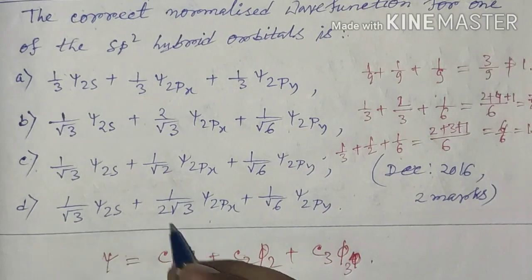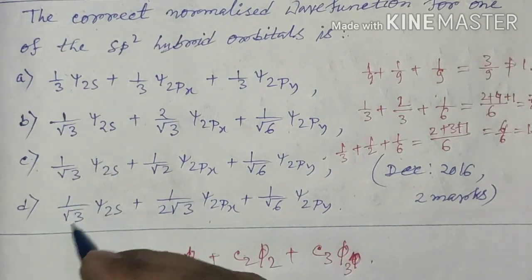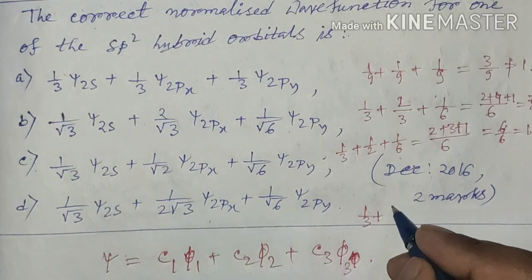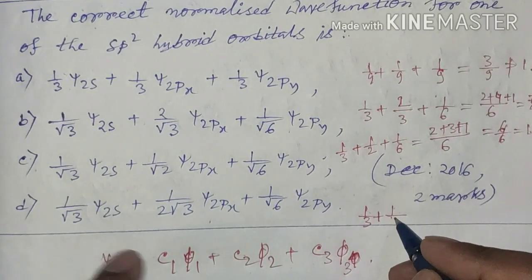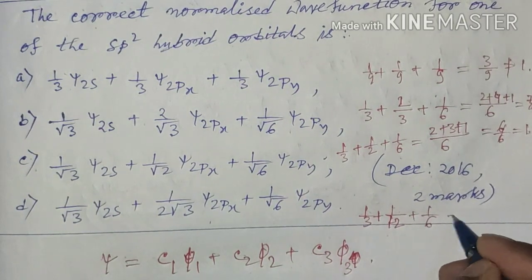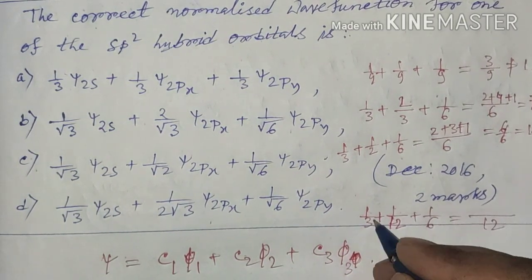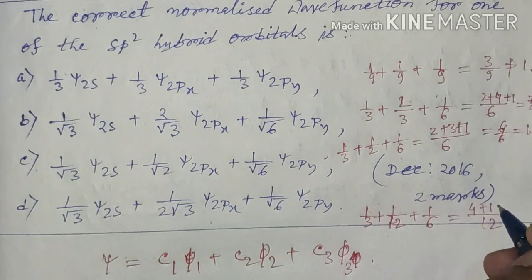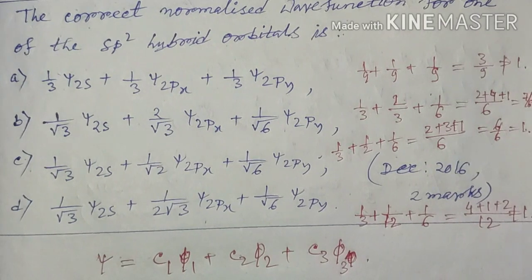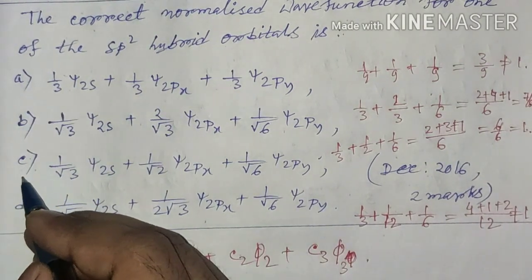Let's check the last condition, the summation of the squares: 1 by 3, 1 by 12, plus 1 by 6, that is 4 plus 1 plus 2, not equal to 1. So the first condition is satisfied for this case.